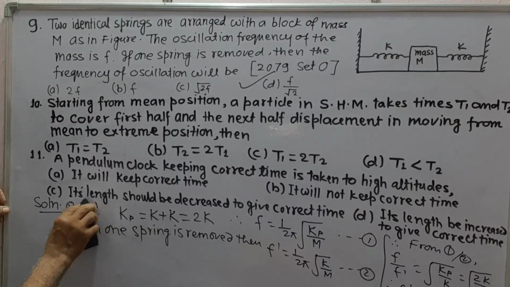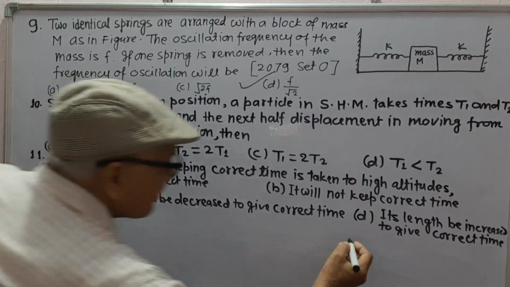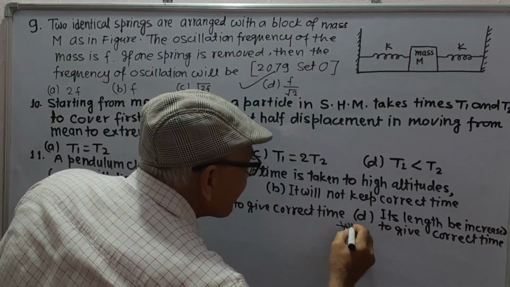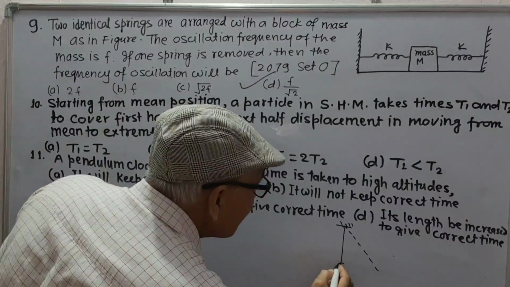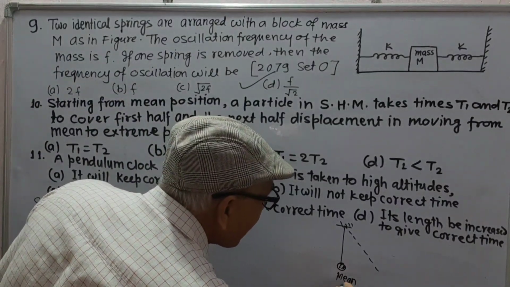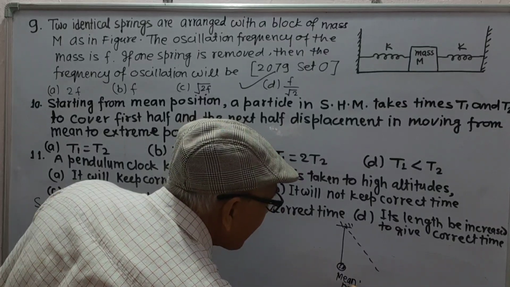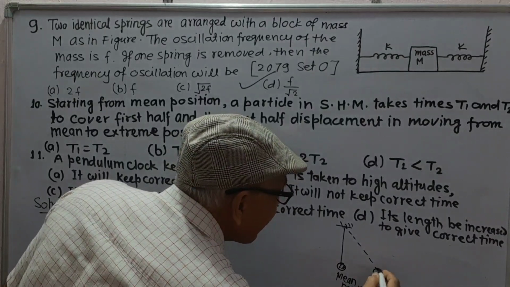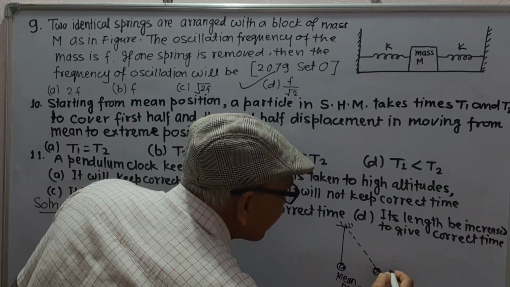Now solution to question 10. Here suppose this is a simple pendulum, this is mean position, and this is extreme position.